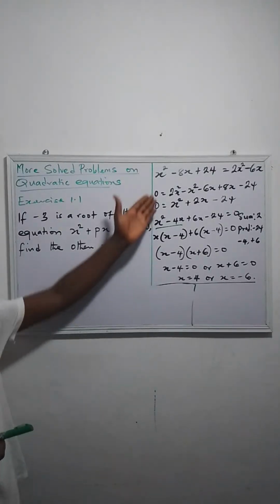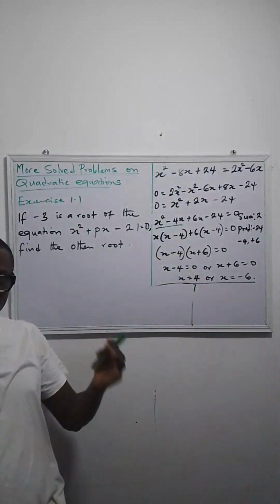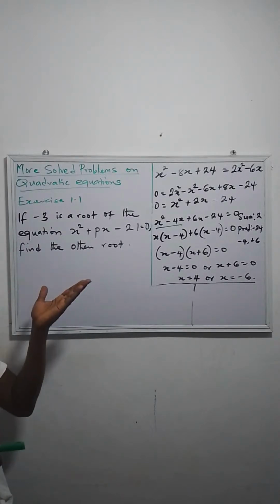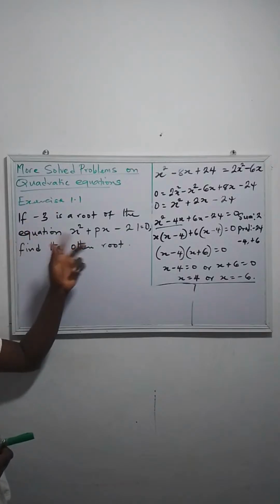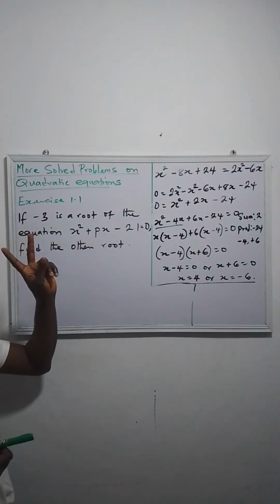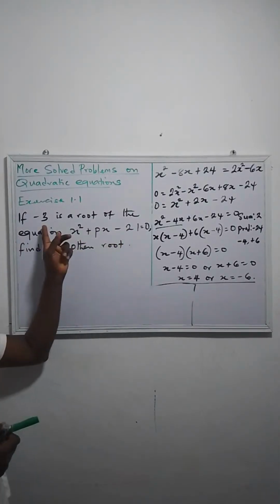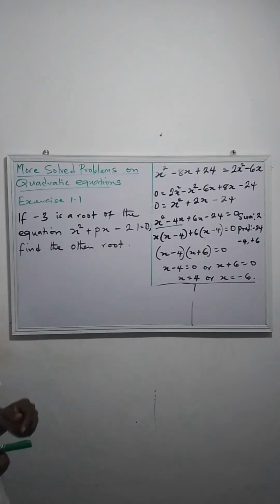Now, you can see this quadratic equation we solved here, we have two answers. So we have been getting two answers. So now this question is telling us that one of the roots of this equation is negative 3. So we have to find the second root.